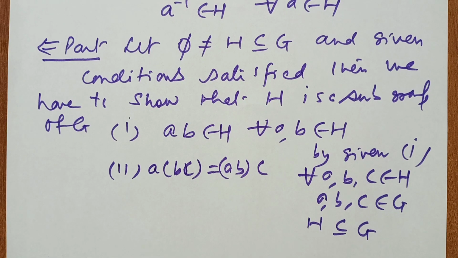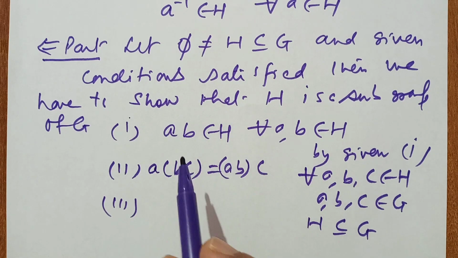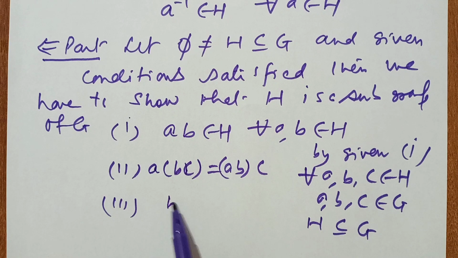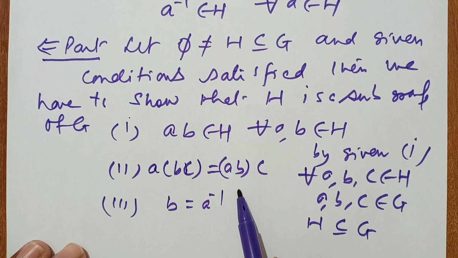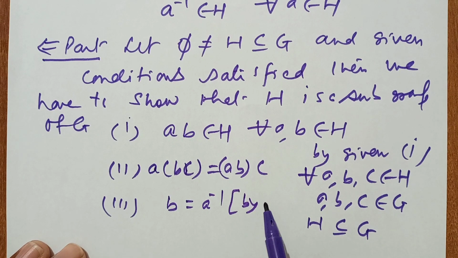Okay, now third, identity. Since closure is satisfied, we put the given condition B equal to A inverse by condition second. What is condition second?